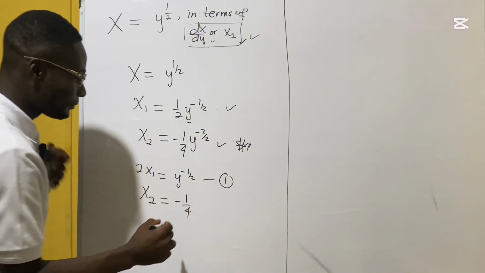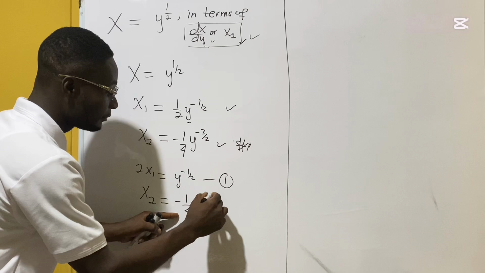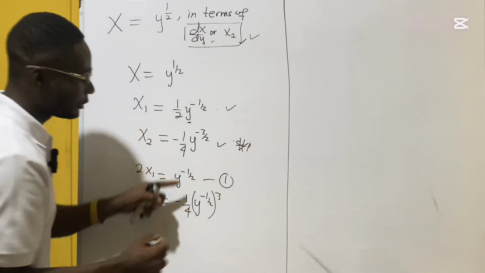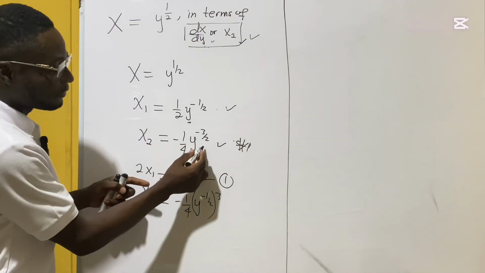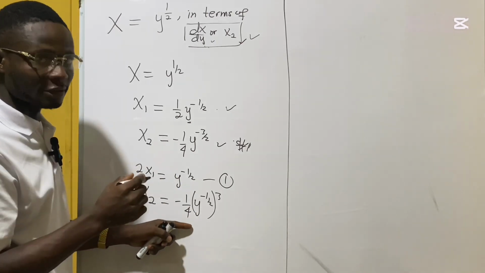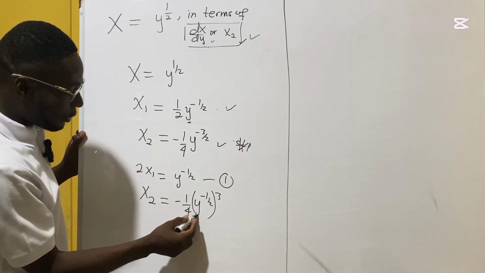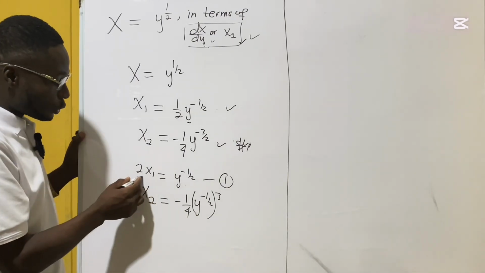By saying that y power negative 3 on 2 is the same as y power negative half, exponent 3. So from here, we know that y power negative half is 2x1.